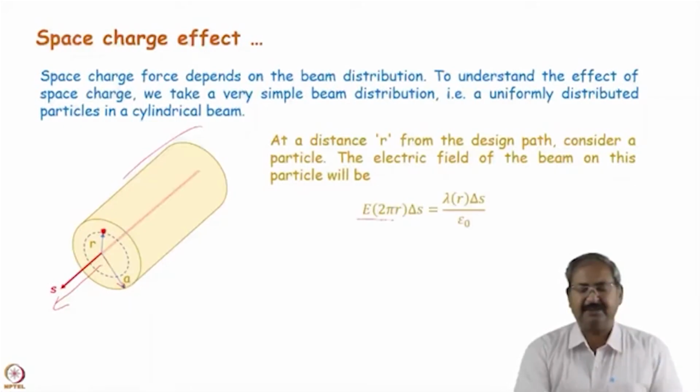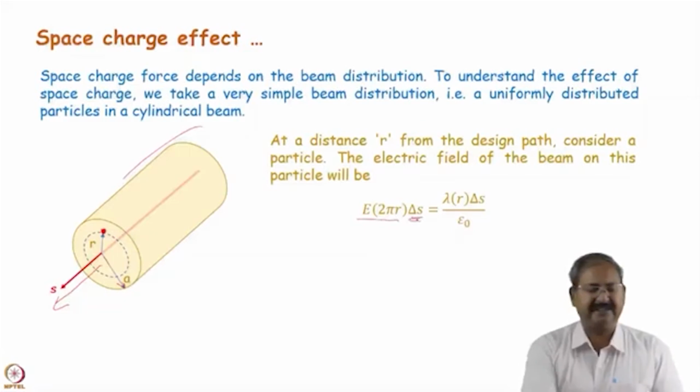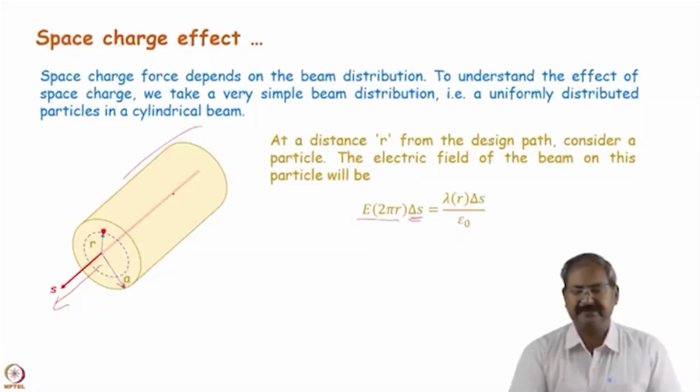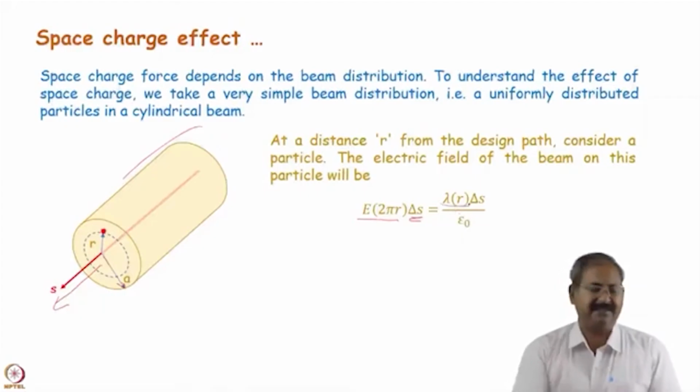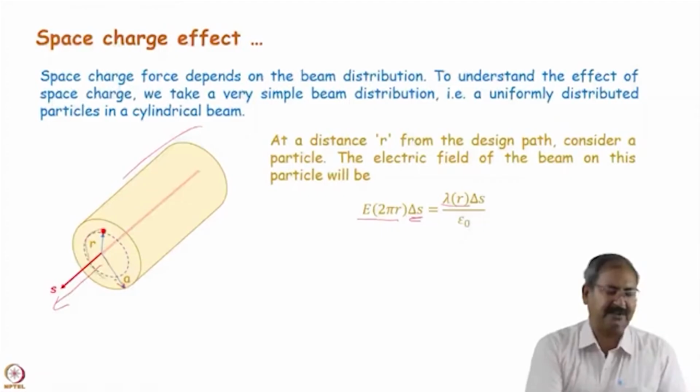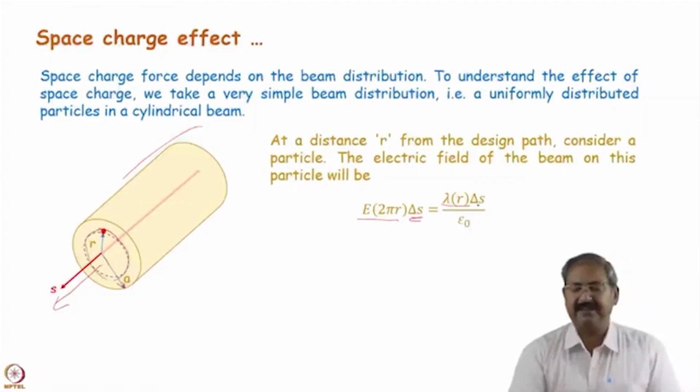So E times 2 pi r delta s, where delta s is the longitudinal length, equals lambda(r), the linear charge density up to r, times delta s, divided by epsilon. So this is just Gauss law, the integral of E dot dA equals the enclosed charge divided by epsilon 0.